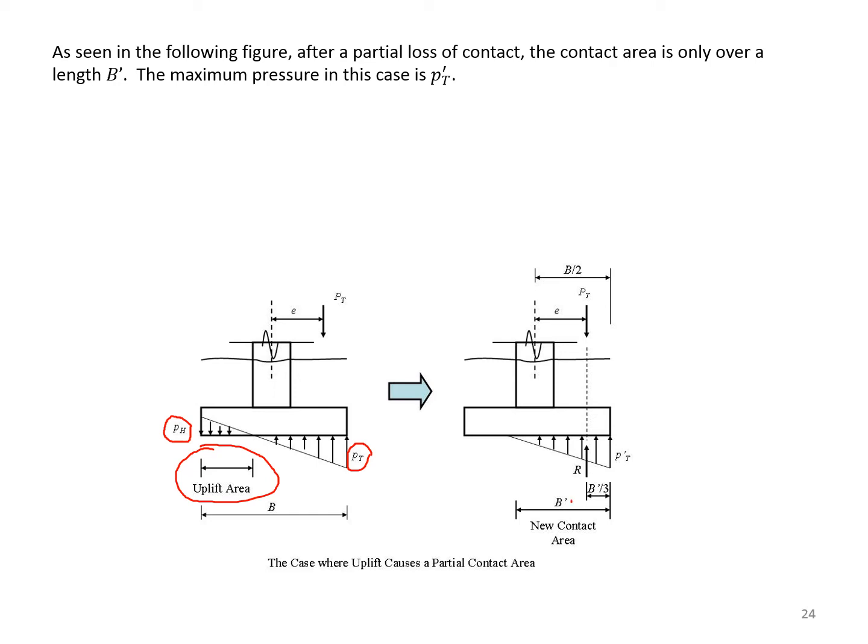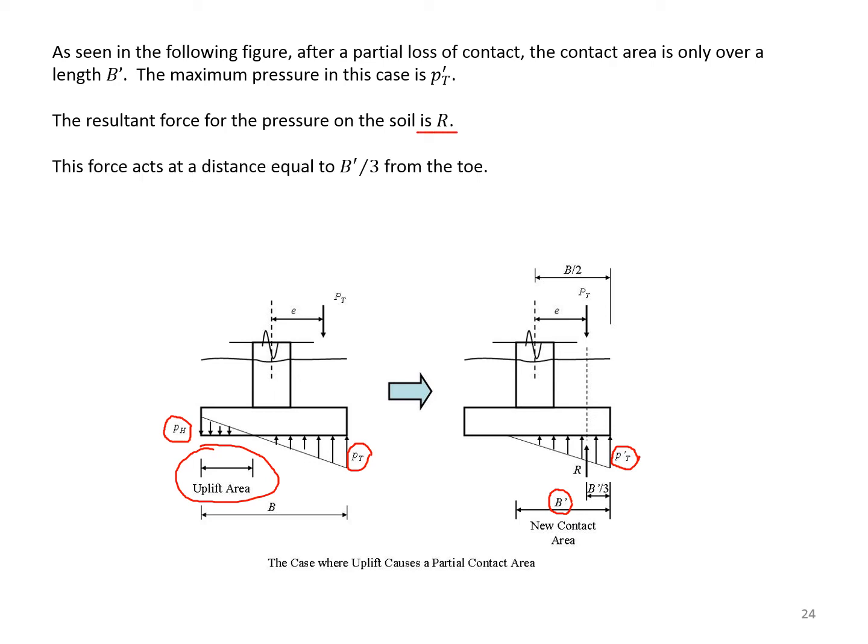And in that case, the new contact is B prime, the new pressure is P prime sub T, and the distribution is a triangle. So we need to find this distance B prime and the new pressure P prime T. The resultant force for the pressure on the soil, let's say it is equal to R. The force acts at a distance equal to B prime over 3 from the toe.